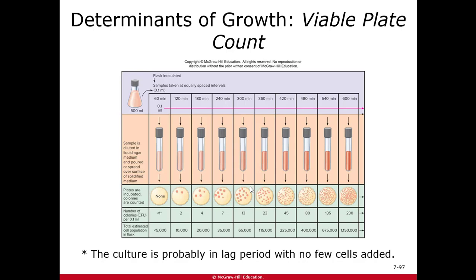Well, if we have a flask that has a whole bunch of bacteria in it, we don't know how many bacteria, but we can put samples in tubes, we can grow them up on plates, and we can measure over time. How many bacteria are there after every 60 minutes? And we can do viable plate counts. If we're looking for a specific concentration or we want to know what the doubling time is, we can look to see how fast they're growing.